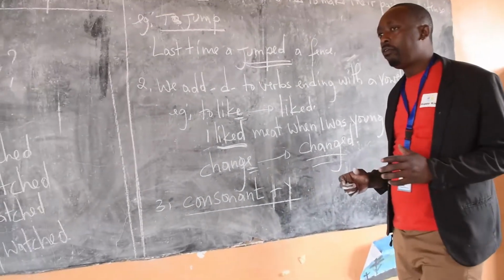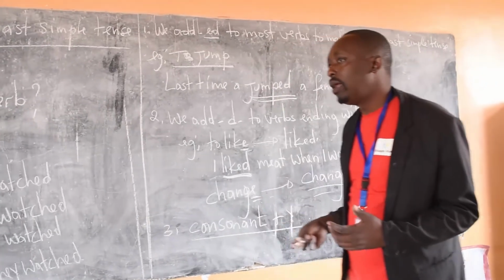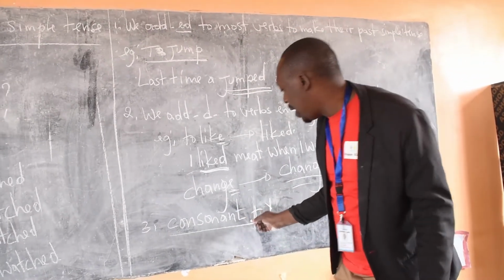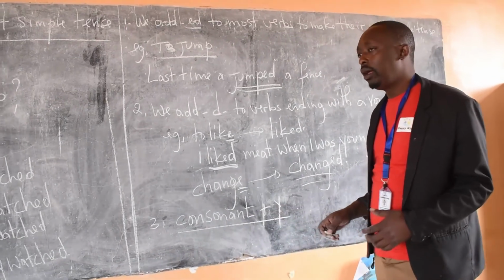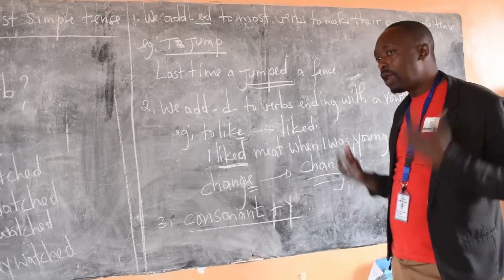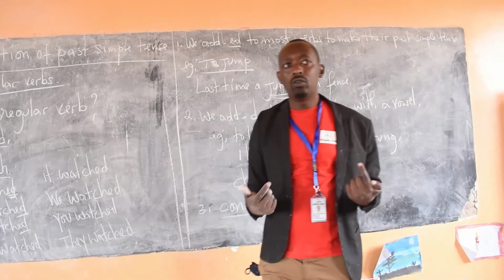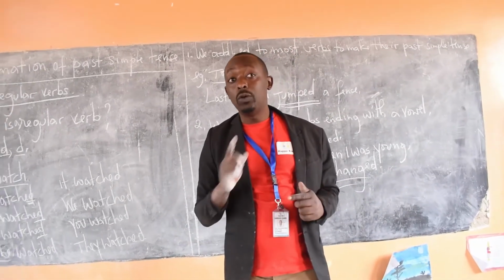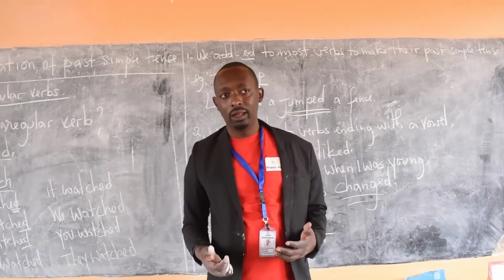Now, you may have a verb which is regular in simple past, but which ends with a consonant plus y. A consonant plus y. Can you think of any verb which ends with a consonant plus y, but which is of course a regular verb? Can you find any?